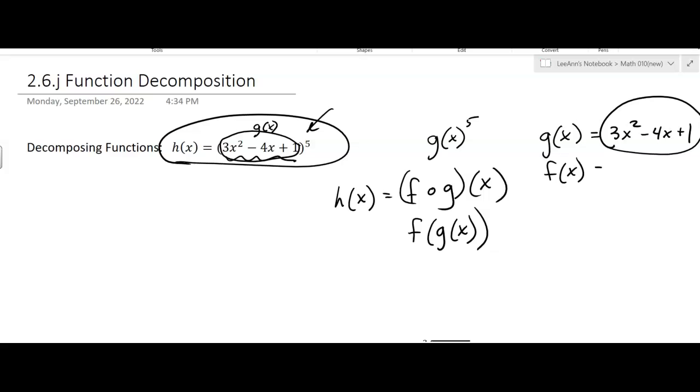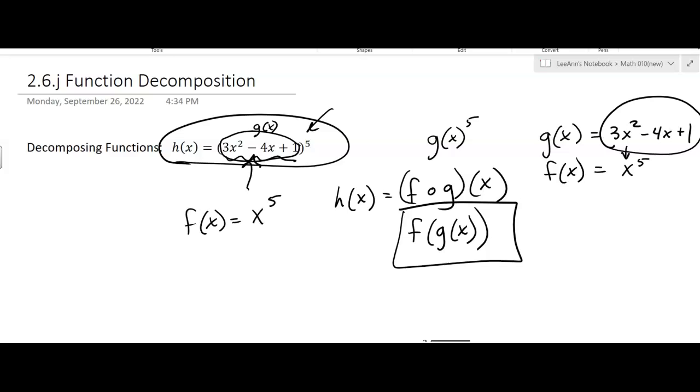F of x would be x to the fifth power. So I'm putting that in there. And so that would be the way to break it up into two separate functions. Make g of x the complicated one, and then make f of x x to the fifth power. Okay? So hopefully that makes some sense.